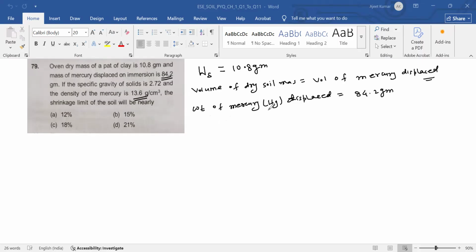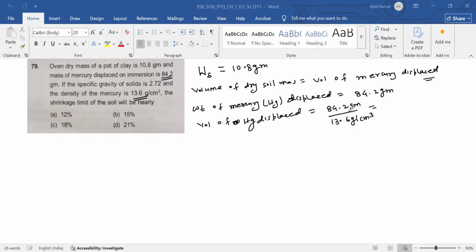So from here we can calculate the volume of Hg displaced, which is 84.2 gram divided by 13.6 gram per centimeter cube.